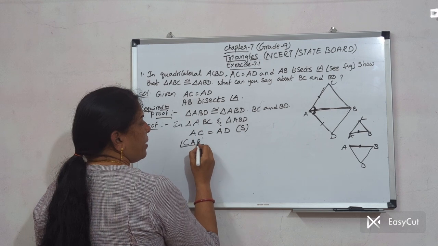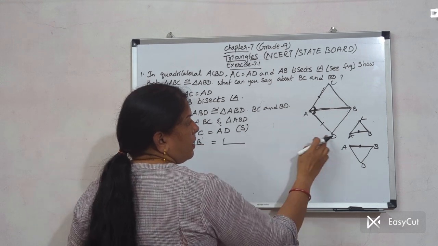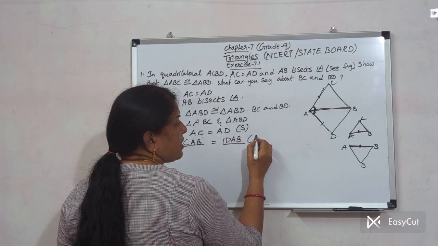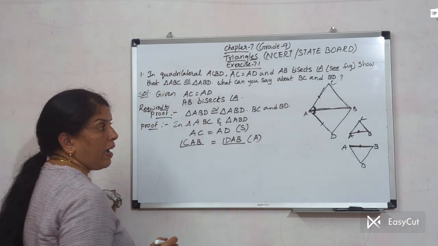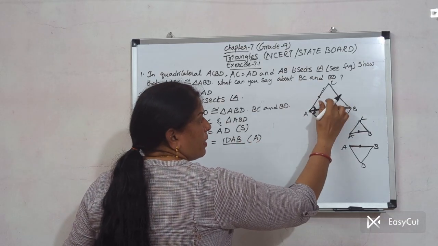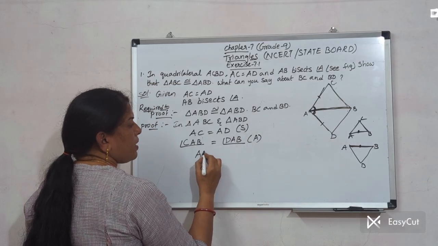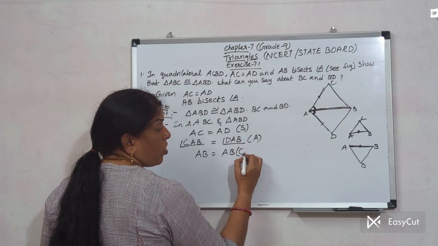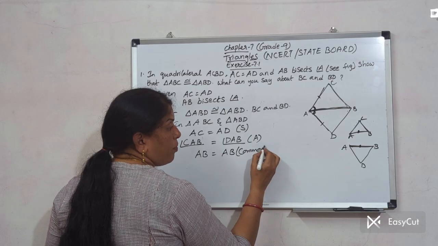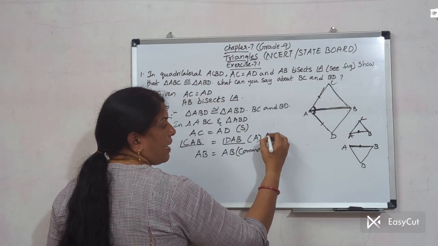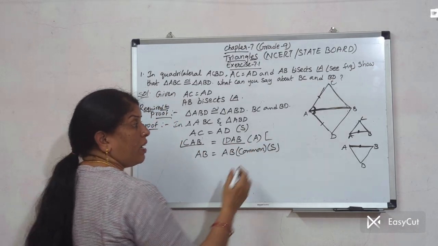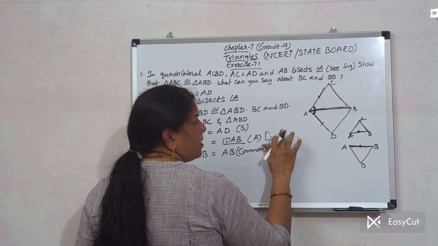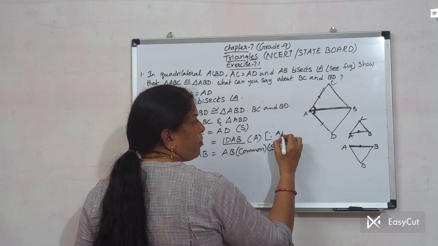Angle CAB is equal to angle DAB. This is the angle. And AB is common in both the triangles. AB is equal to AB. This is the common side. Why are these two angles equal? Since AB is a bisector.